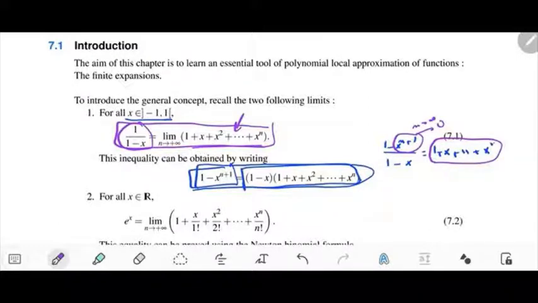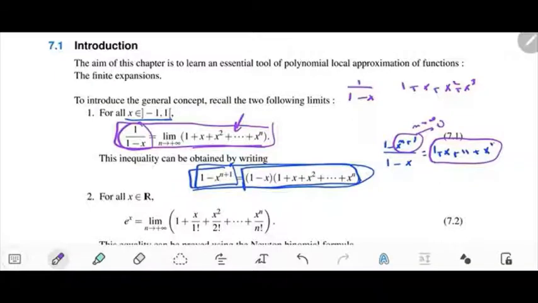I mean, if we take, for example, 1 over 1 minus x on one side and 1 plus x plus x^2 plus x^3 on the other side, these two are not equal because n in here is only 3. We didn't go to infinity.